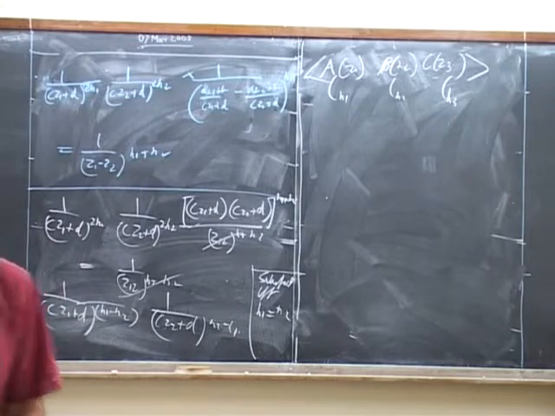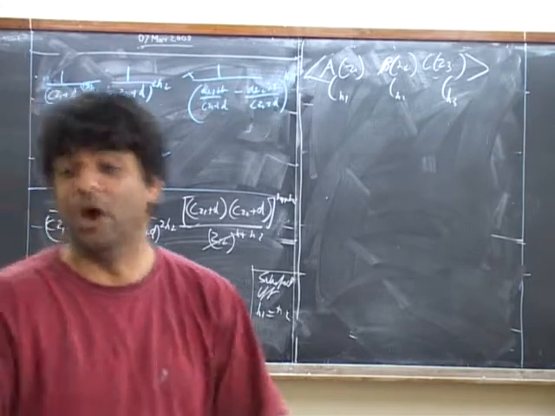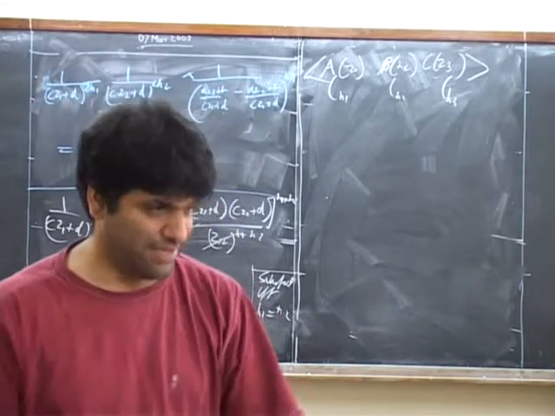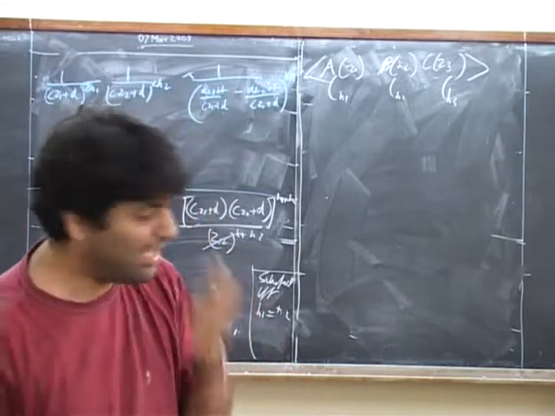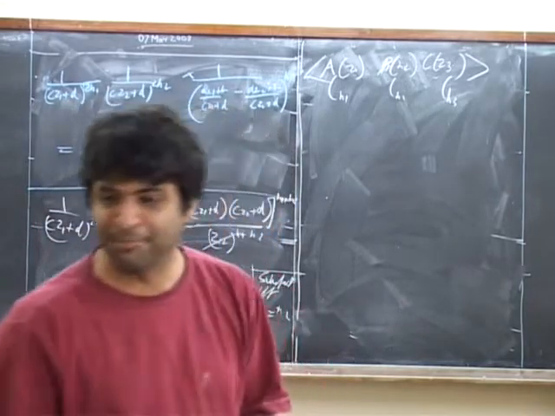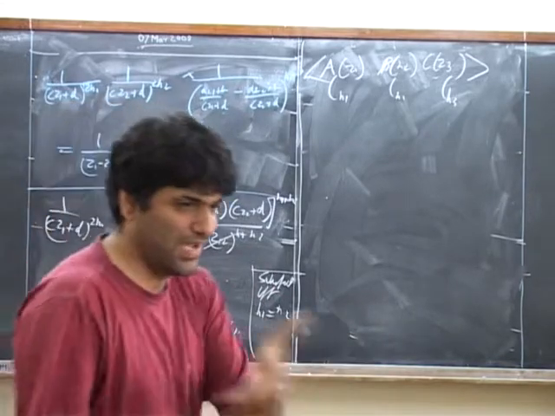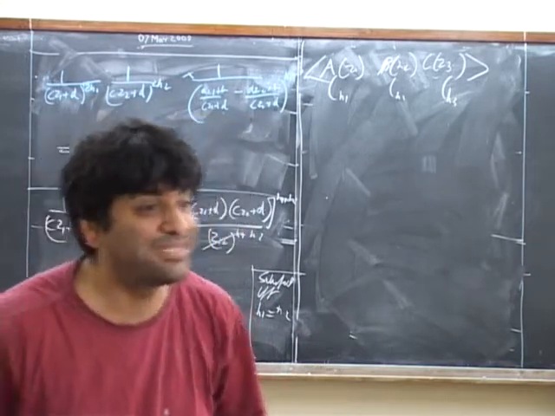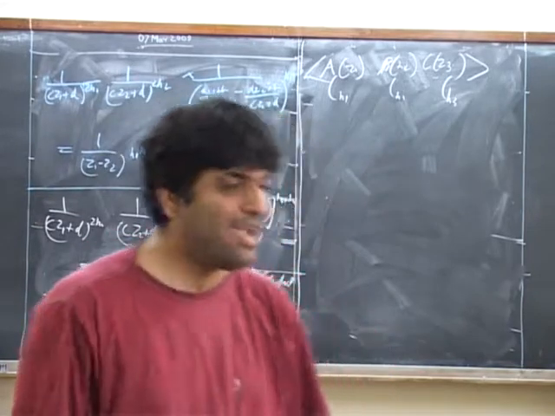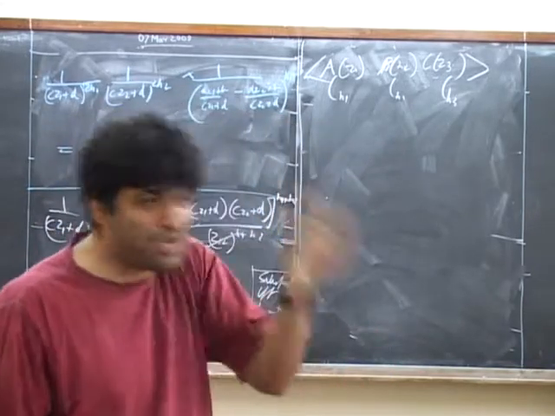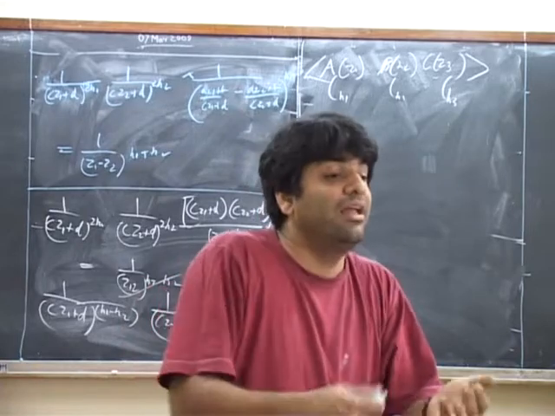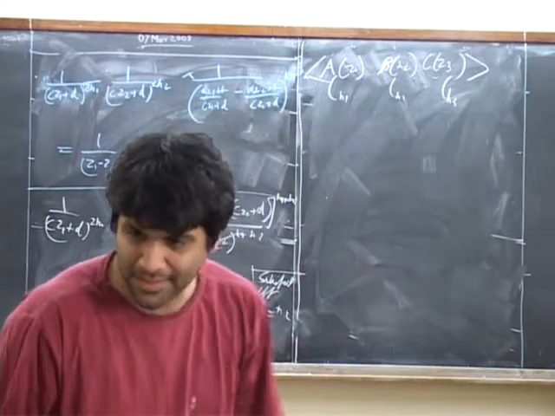Okay? You can say immediately that the dependence must be power law in these differences, and that the sum of powers must add up to the sum of weights. Okay, that will follow immediately from scale invariance. Okay, for the more interesting actual dependence, we'll use Mobius invariance.